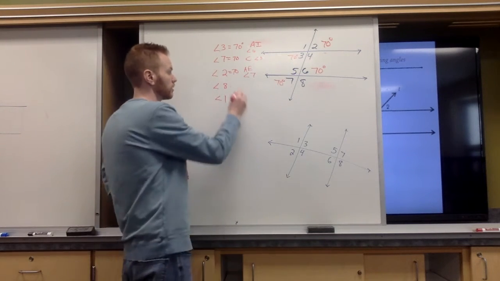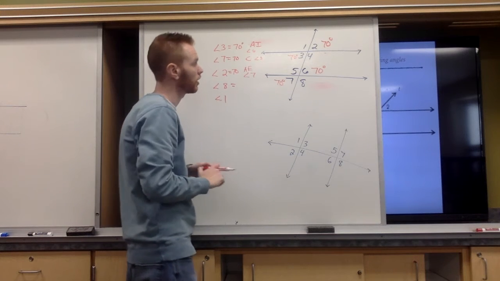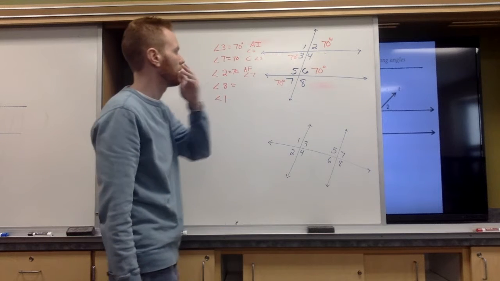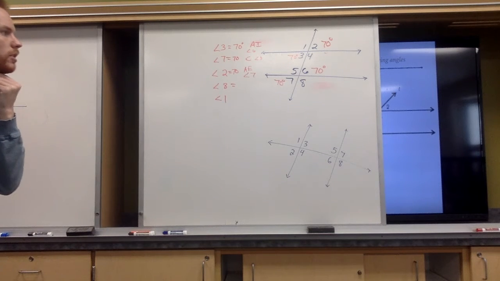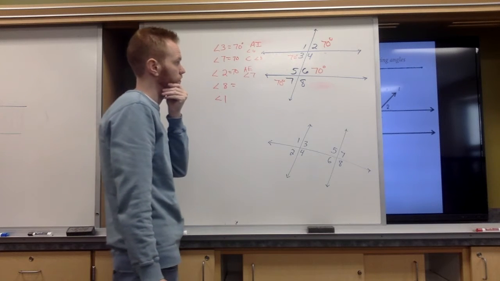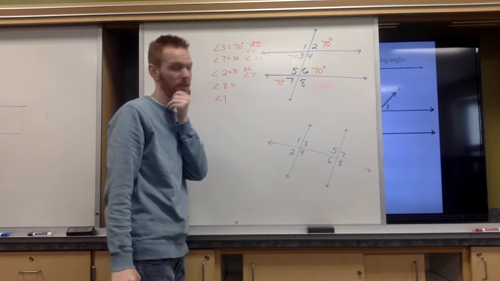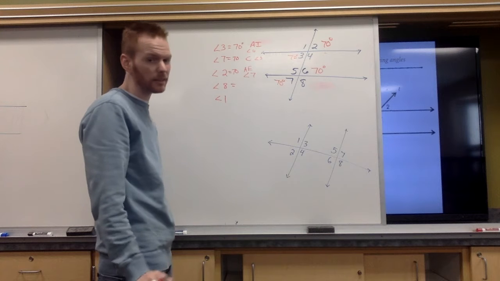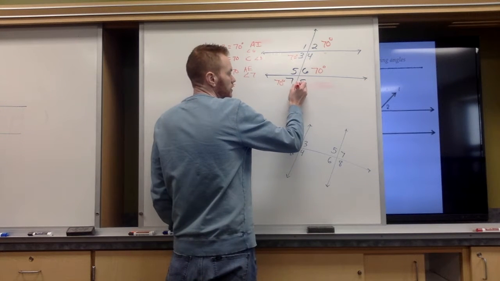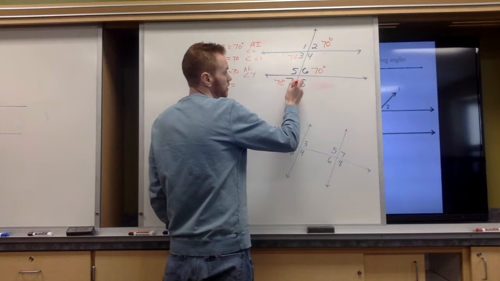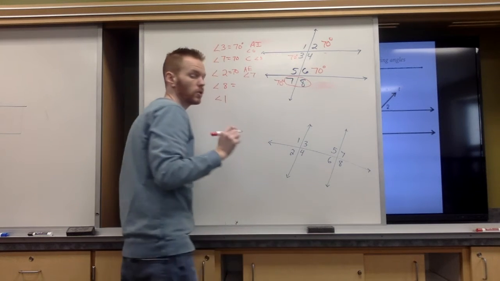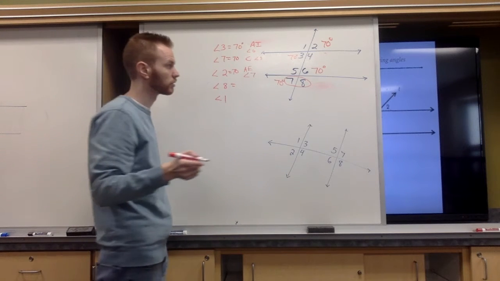Okay, angle 8. Alrighty, so 8's here. Now notice something. I don't see a relationship right now currently. Do you guys? I don't either, right? So we get to come up with something different. So let's do this. How about, well, it doesn't really matter which way you put it. How about 7 and 8? Those angles are linear. Remember?